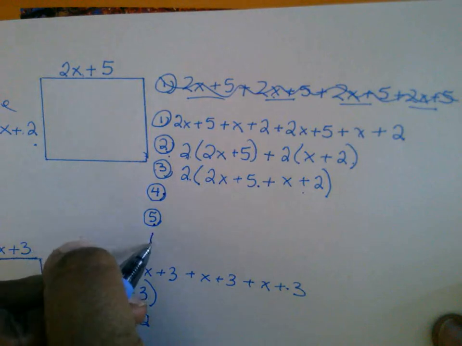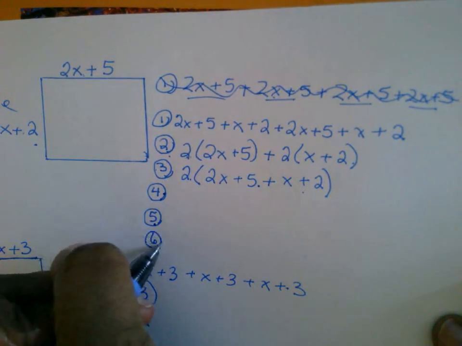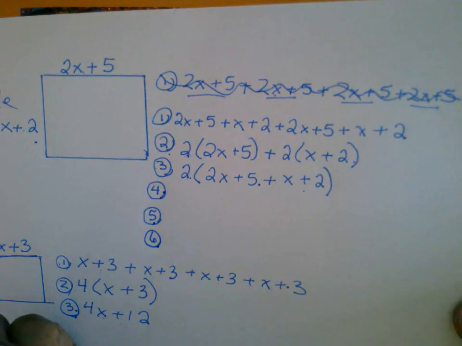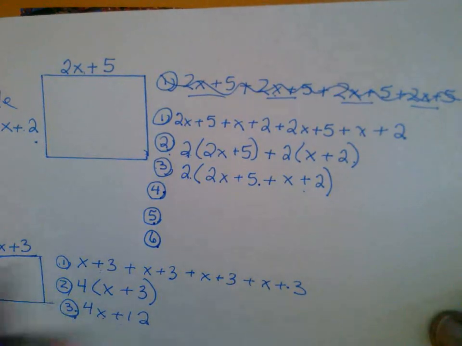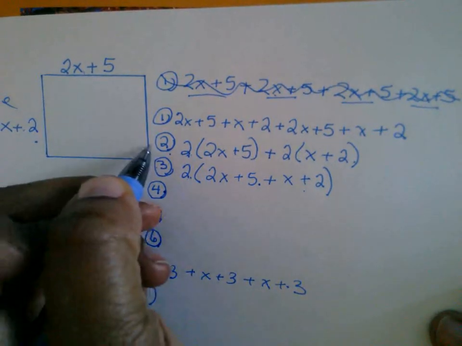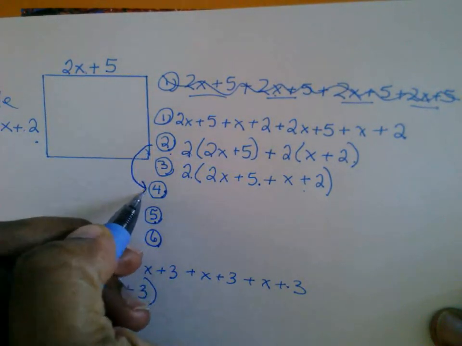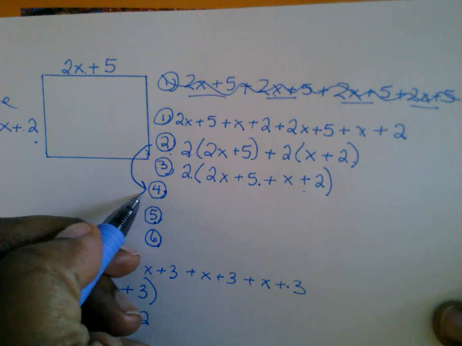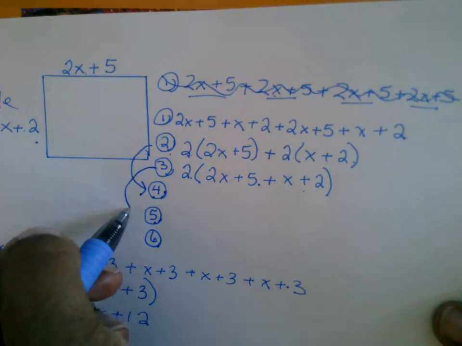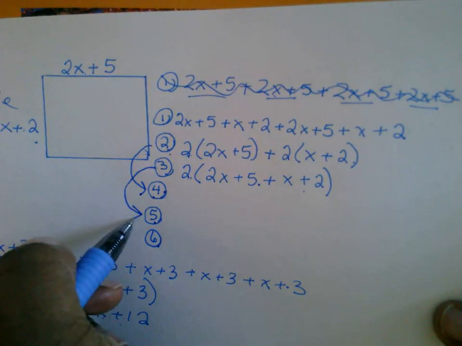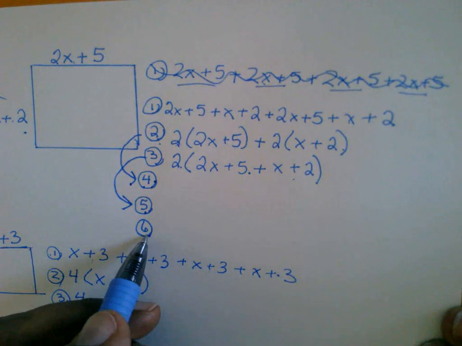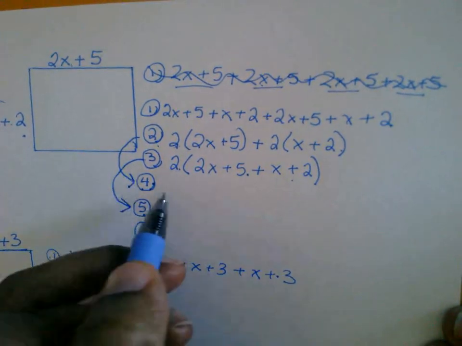And then I think number 6 will be the most simplified version of it all for the perimeter. So this one will take 2 and distribute to 4. For this one, we'll take 3 and distribute to 5. And then 6 will be the most simplified. All right.